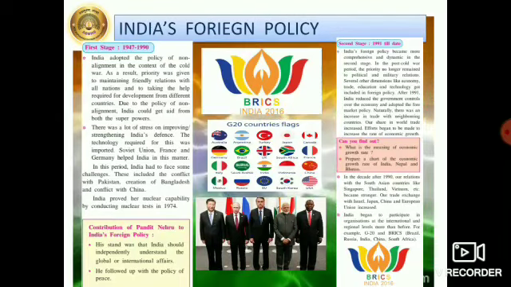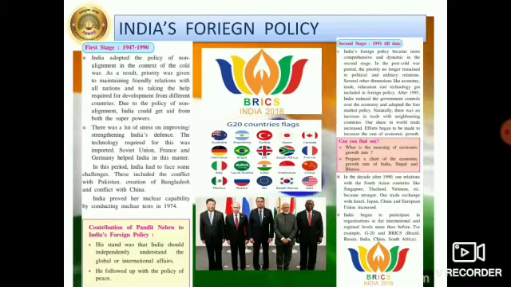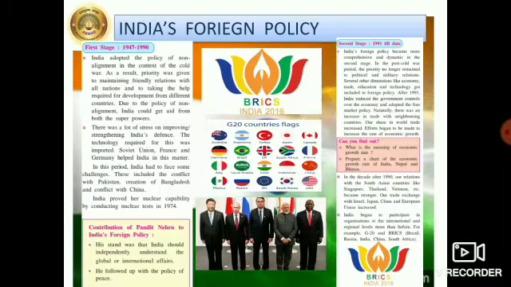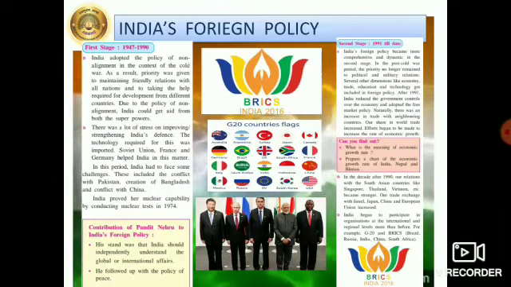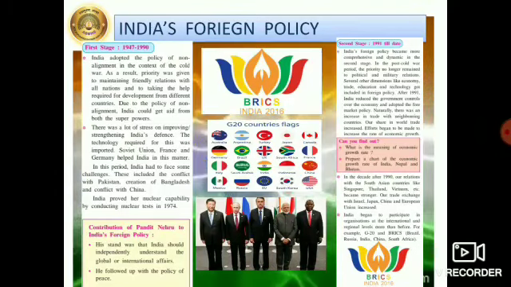Our relations with South Asian countries like Singapore, Thailand, Vietnam became stronger. Our trade exchange with Israel, Japan, China, and the European Union increased.